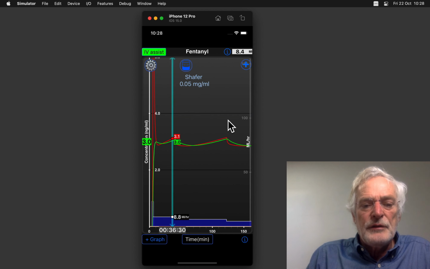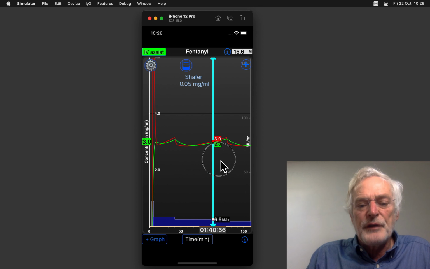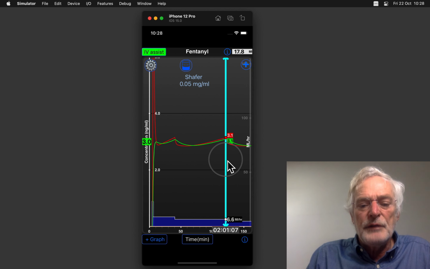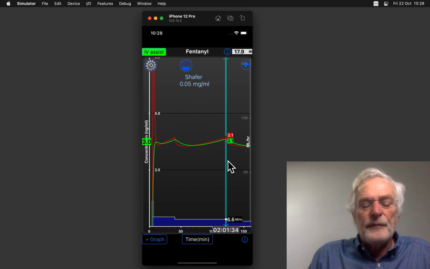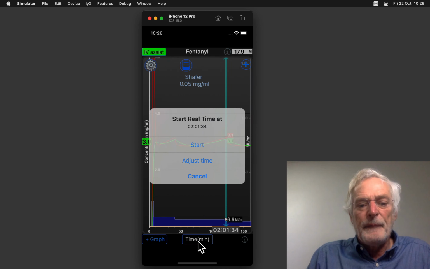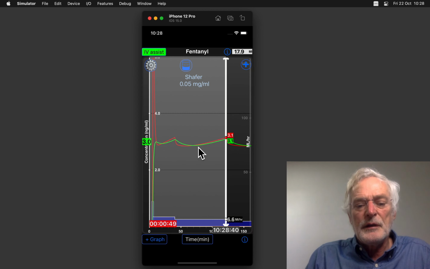So I have to change the infusion rate, and I can even use Tivatrainer to help me to alarm when I have to change my infusion rate, because there's also a real-time mode for Tivatrainer, which can be accessed by pressing the time button and starting the real-time simulation.